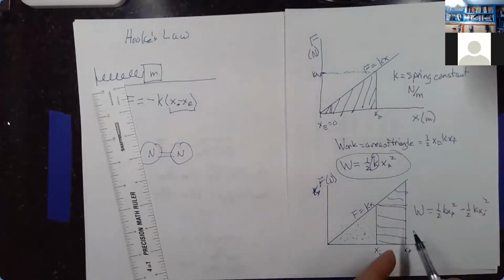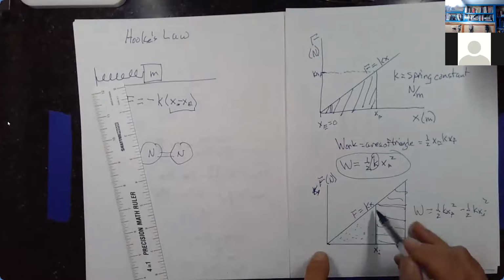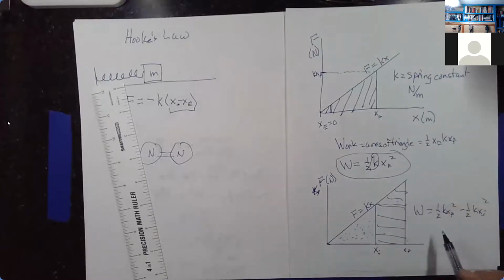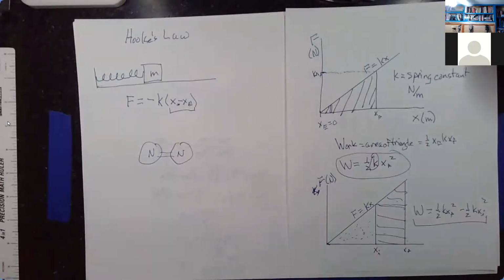So all we did was just take the big triangle, which would be going from 0 to x final, and subtract off the part that we'd have to do to go from 0 to x initial. So it would be the giant triangle minus the smaller triangle inside, and that would give us the area of this. And so it kind of makes sense that that's the case for starting with an initial stretch.